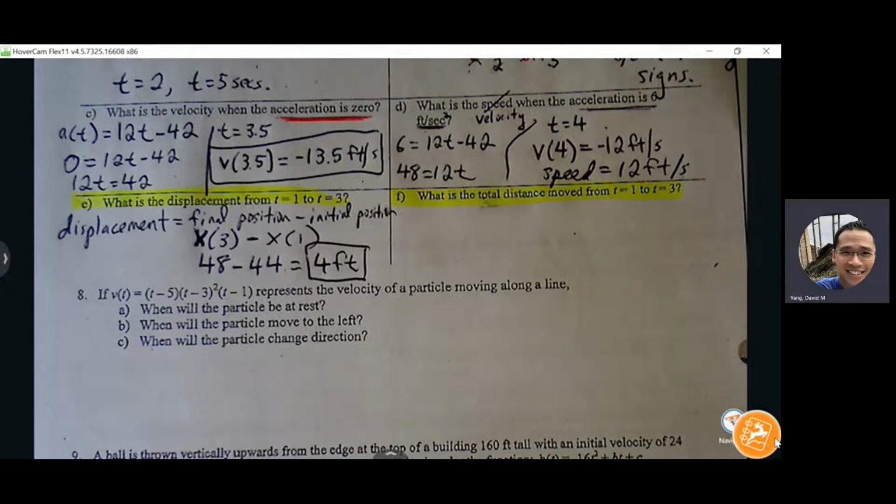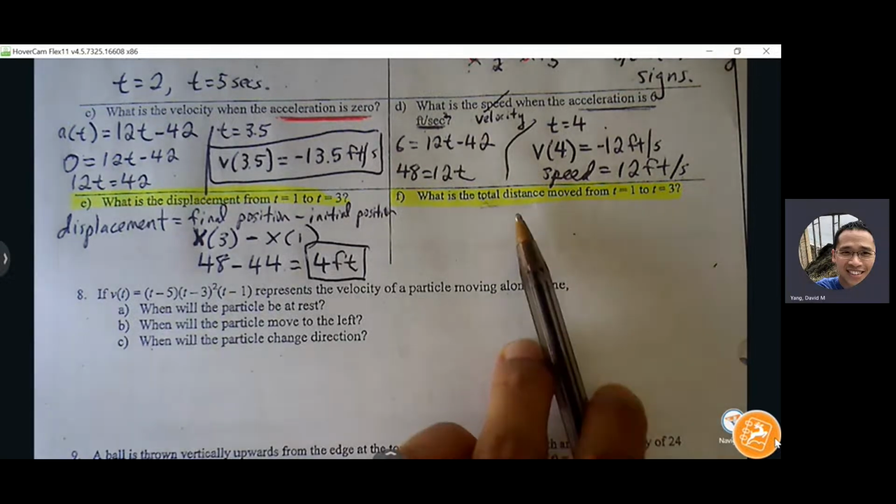Now, total distance is a little bit more involved, but you can start with the same information as displacement. Total distance, however, we have to keep track of the fact that if this object moves right and then moves left, we have to keep track of everything as positive progress. So what information do we need?